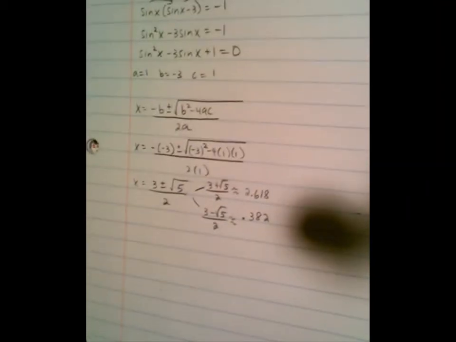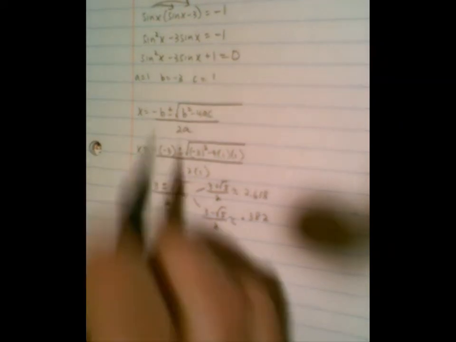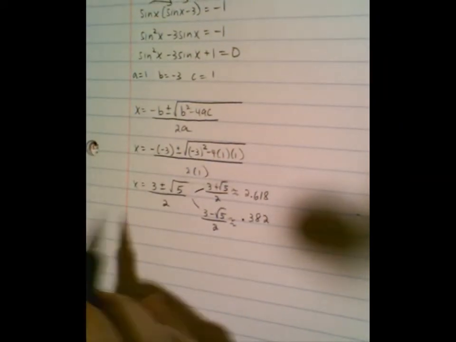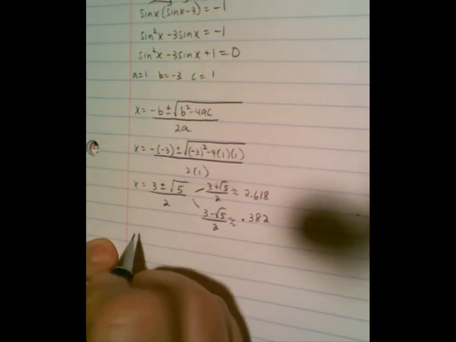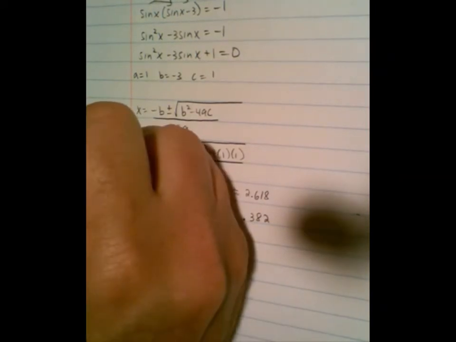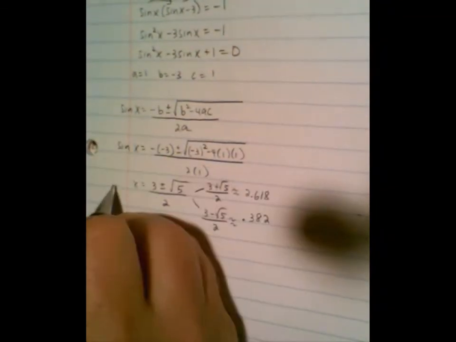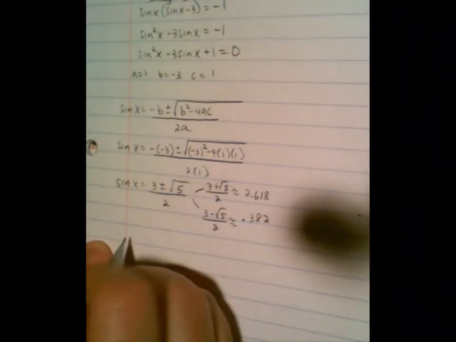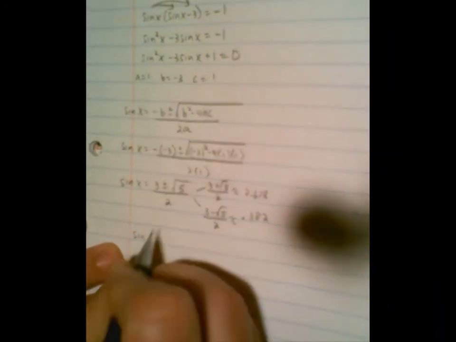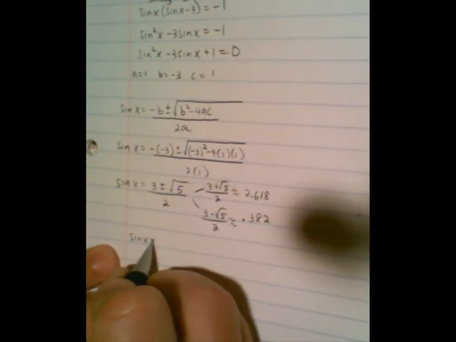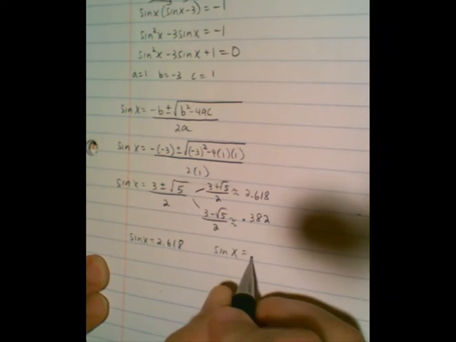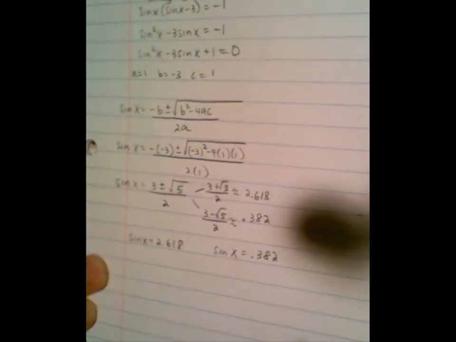Okay, so now, x is really short for sine x here. So, right, all of these were actually sine x equals, sine x equals. Okay, so now I have sine x equals 2.618 and sine x equals 0.382.